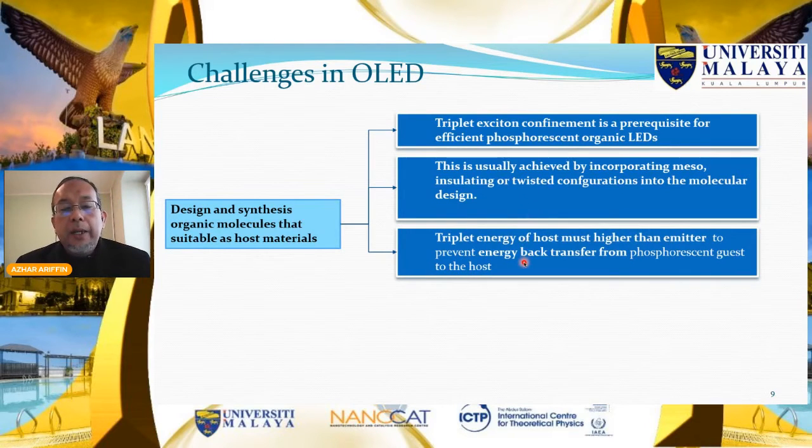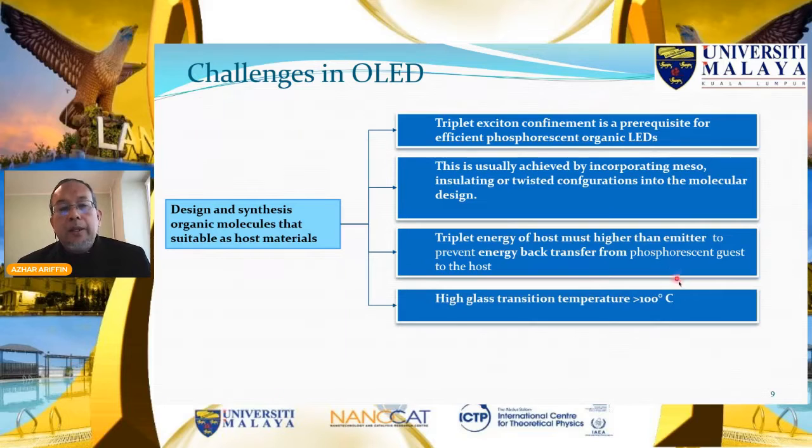Not only that, the molecule that we synthesize, especially for the host, should have triplet energy higher than the emitter. In the OLED device, we have a host and we have an emitter. The host must have triplet energy higher than the emitter in order to prevent energy back transfer from the phosphorescent guest to the host.